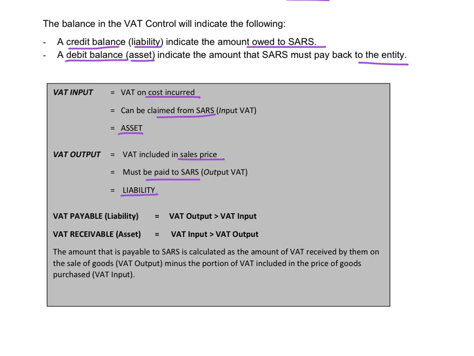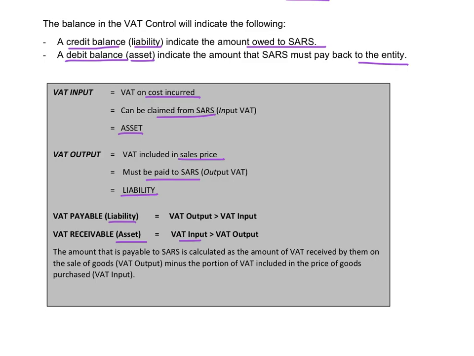VAT payable equals VAT output minus VAT input. So if your VAT output is bigger than the VAT input, then it means that you owe money to SARS, then it's a liability. VAT receivable, when the VAT input is more than the VAT output, will be an asset to us because SARS will have to pay the VAT back to the business.